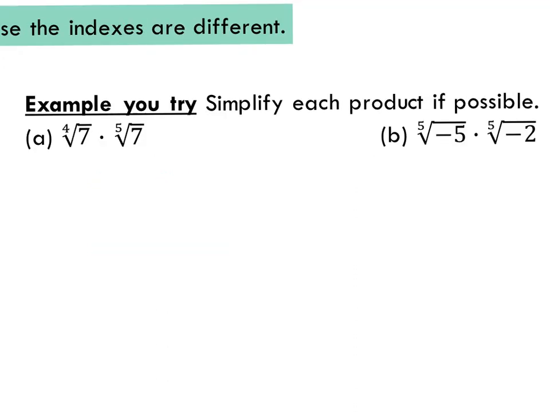I want you to take a minute or two and try the 2 example Try-Its. Hopefully you found for A, you cannot multiply it because I have a 4th root times a 5th root. In letter B, we just have the 5th root of 10.